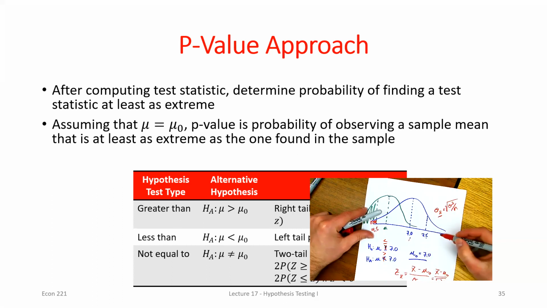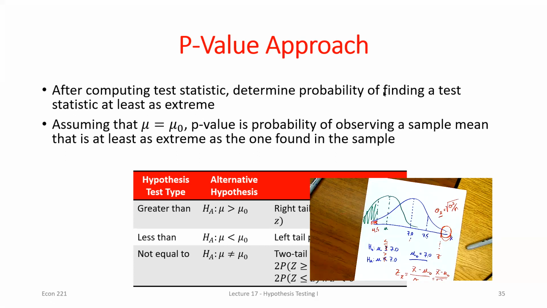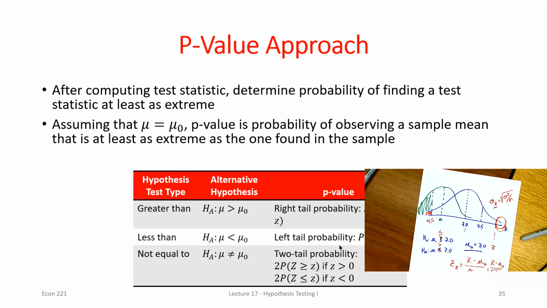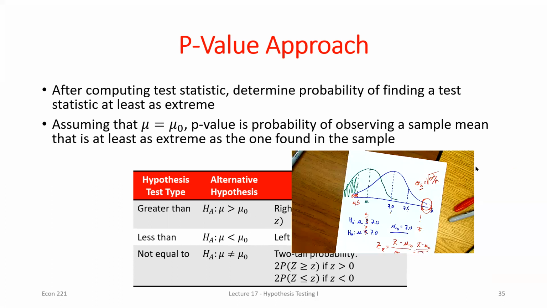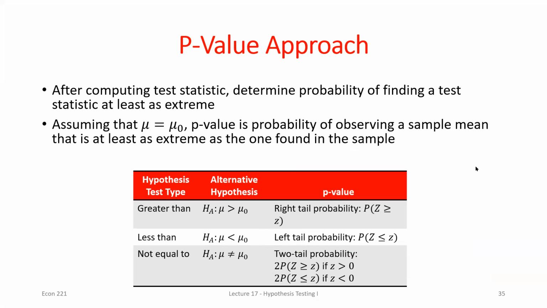So there, once I find a value and I turn it into a z-score, I'm looking at the area to the right, which is why the way that we write what the p-value is looks a little bit different. But this is just the mathematical way to write it. I think this will make a little more sense when we work through some examples, what the differences are between these different types of tests. Okay. So I've got some formal definitions of what the p-value is here.